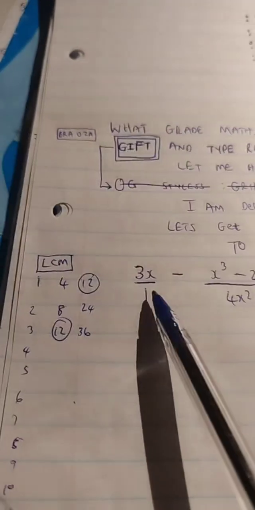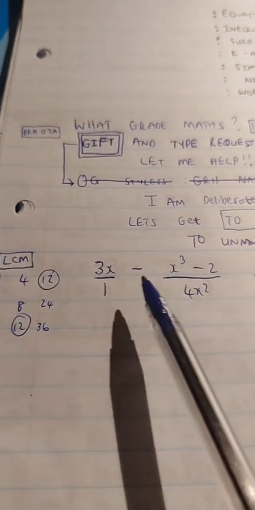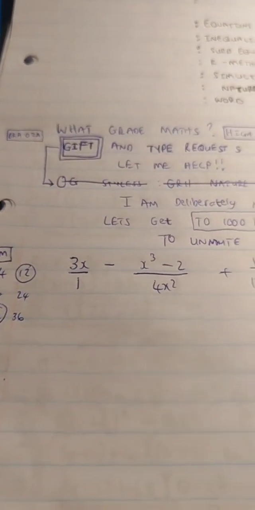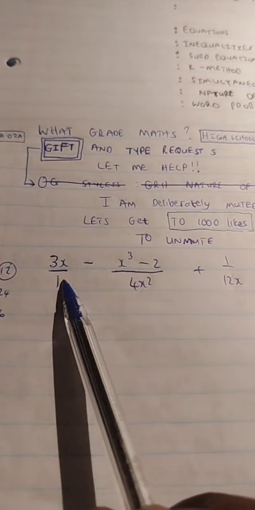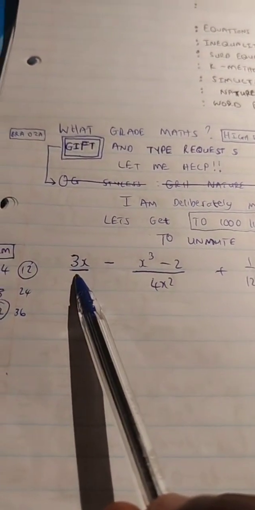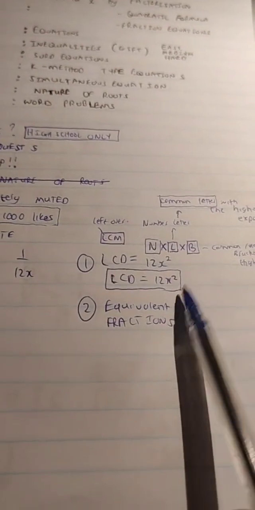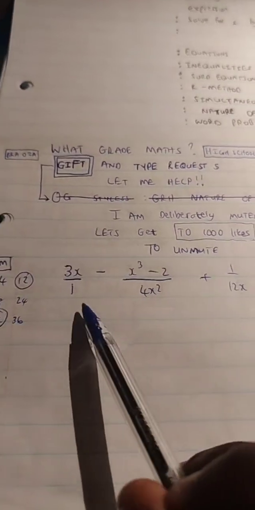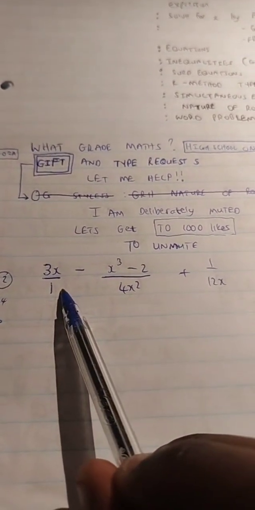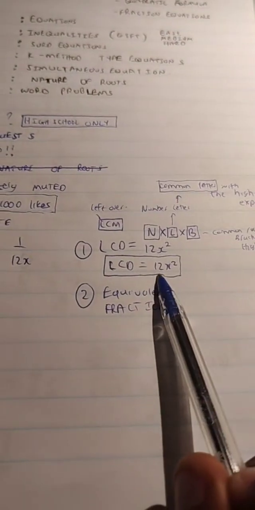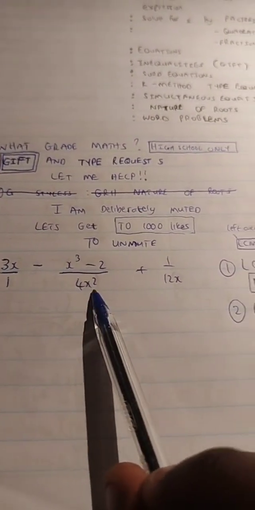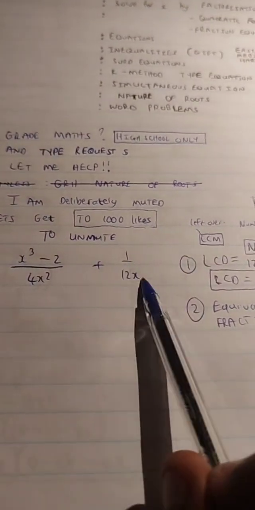Right. So with the one that we have here, we are going to ask ourselves the question, what do we need to multiply 1 by in order to get 12x squared? We are going to ask the same thing here, and the same thing there.